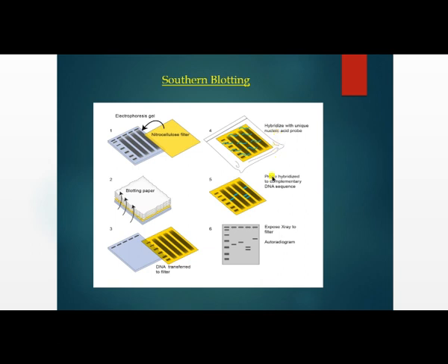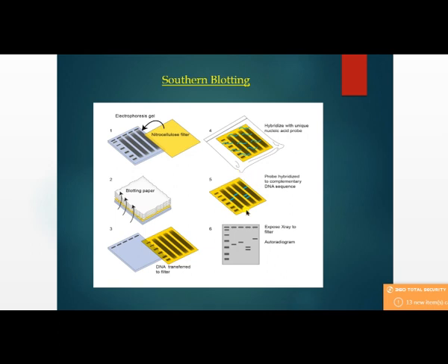Next, the probe is hybridized to complementary DNA sequences. As I told, a probe is nothing but small DNA sequences opposite to your target DNA, so it will match the DNA sequences. The complementary pairing occurs here.